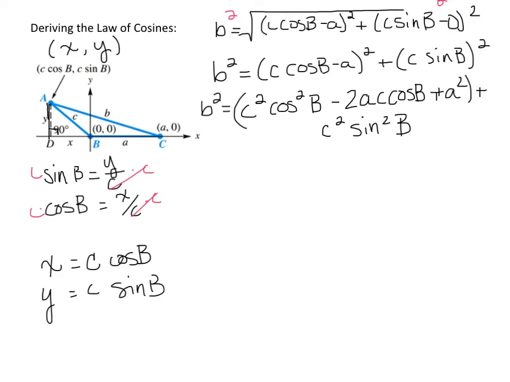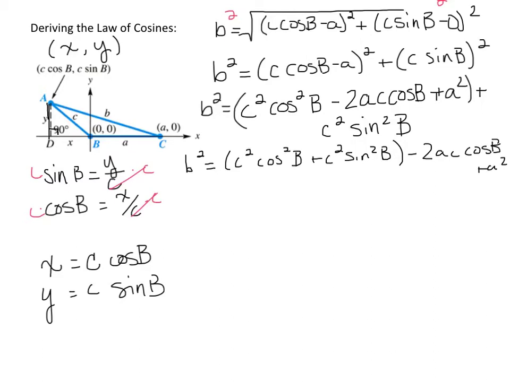The next thing that I will do is regroup. So I've got b squared still, and I will put c squared cosine squared B plus c squared sine squared B minus 2ac cosine B plus a squared.